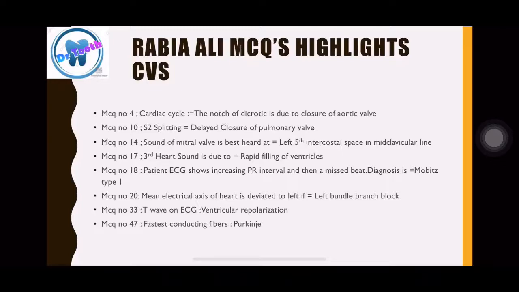Now you need to know about right bundle branch block and left bundle branch block that you will read in pathology of cardiovascular system. Then MCQ number 33, T wave on ECG is ventricular repolarization. Now this MCQ was in your past papers.